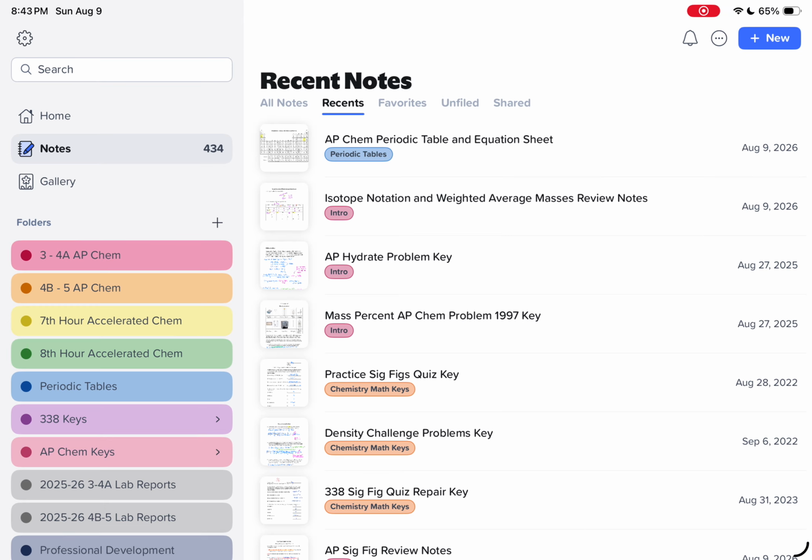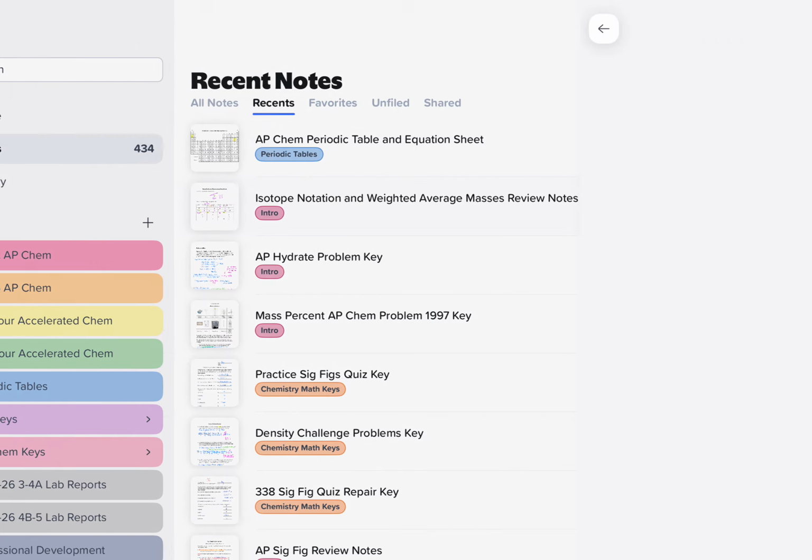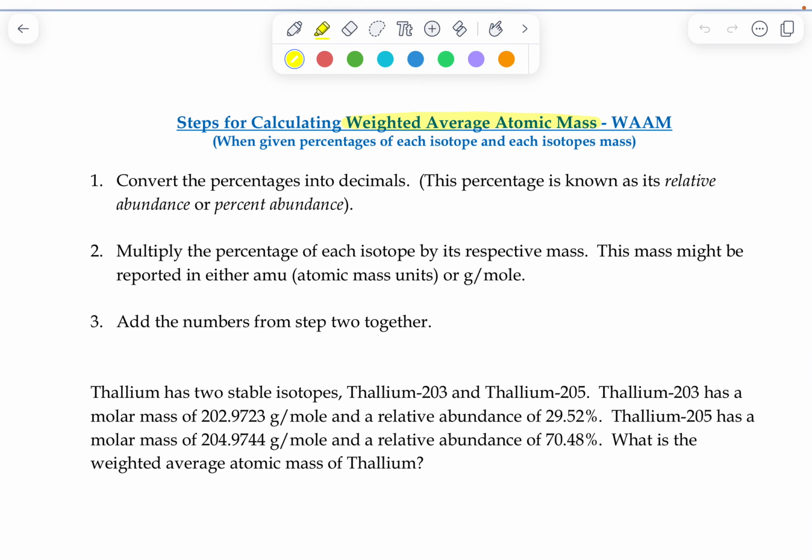Those numbers are called the weighted average atomic mass, or sometimes I'll use the acronym WAAM for short. In problems where they are calculating weighted averages, they'll give you percentages in the problem.